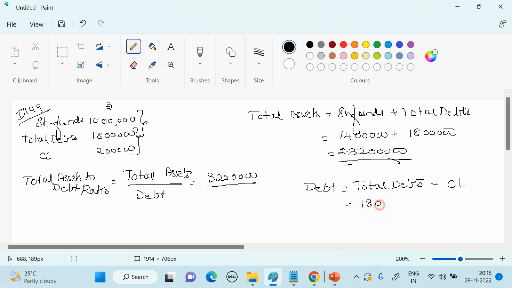So total debts of 18 lakhs minus current liability of 2 lakhs gives you 16 lakhs as your debt. Replace it here, and you get 2:1 as the total asset to debt ratio. Got it?